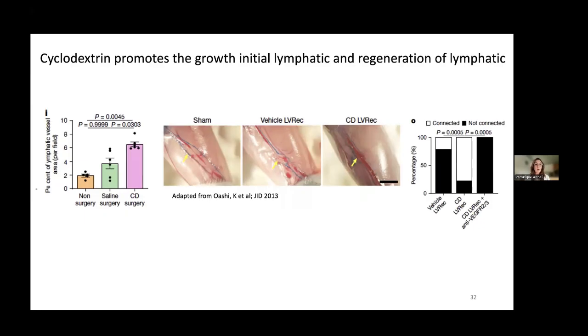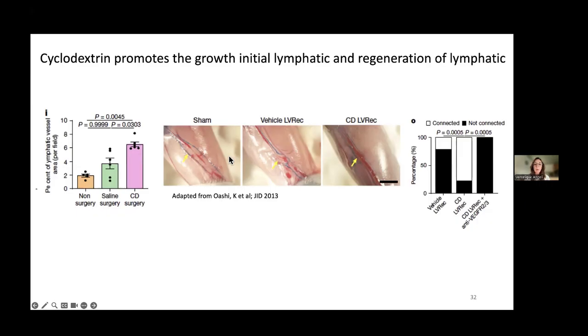So of course, what is the mechanism underlying this beneficial effect of cyclodextrin? We looked at whether this improvement was associated with some changes in the lymphatics, and we could observe some growth of lymphatic vessels, as shown here by the quantification of initial lymphatics in the peripheral tissue after treatment with cyclodextrin. To further confirm this potential effect of cyclodextrin on the growth of lymphatics, we used another model which helps to look at the regeneration of lymphatics.